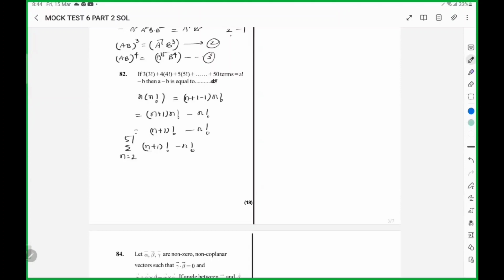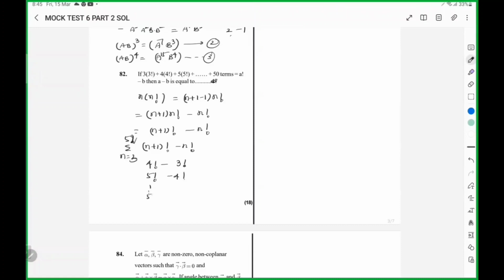Put n as 2, you get, here it is, sorry, 3. N is 3, 4 factorial minus 3 factorial, 5 factorial minus 4 factorial, and so on.